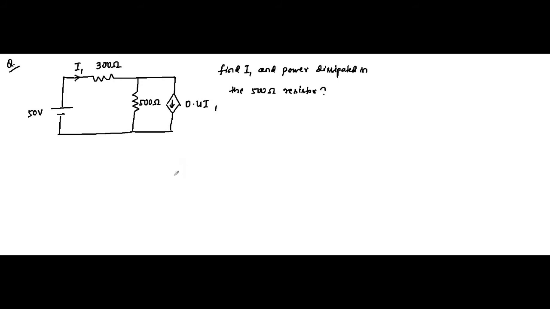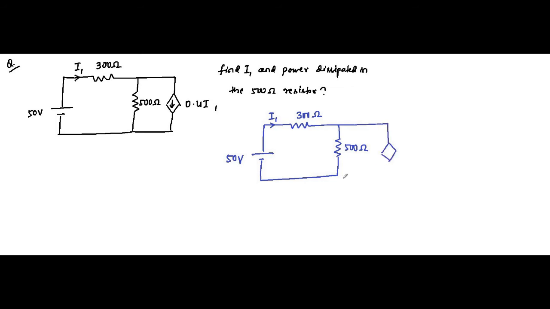So for that let us redraw the circuit again. This is 50 volt, 300 ohm, this is I1, this is 500 ohm, and this is 0.4 I1.